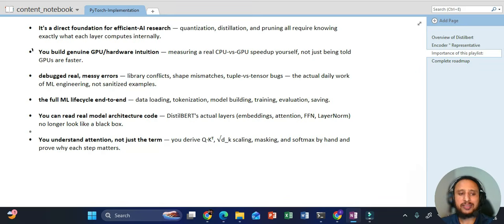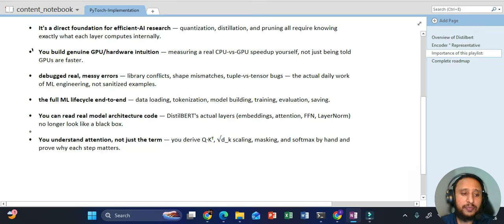So this is going to be the full ML life cycle playlist for you, and you will learn how we load data, how we tokenize it, how we convert it to embeddings, in what sequence we pass the data through our architecture, and how we confirm and evaluate the results. You are going to do each and everything with your own hands, and that is going to help you a lot.